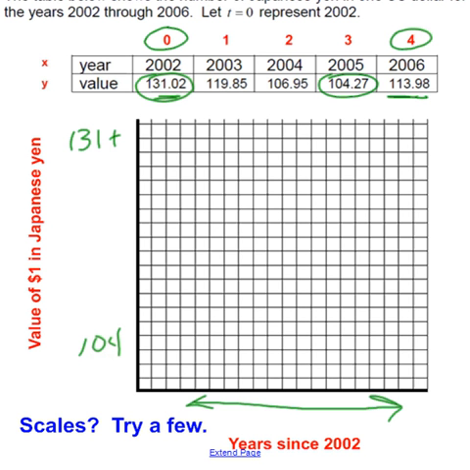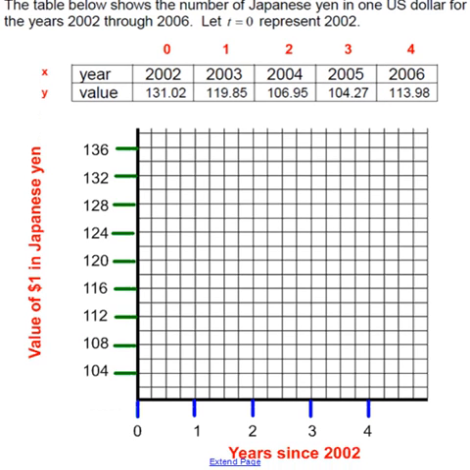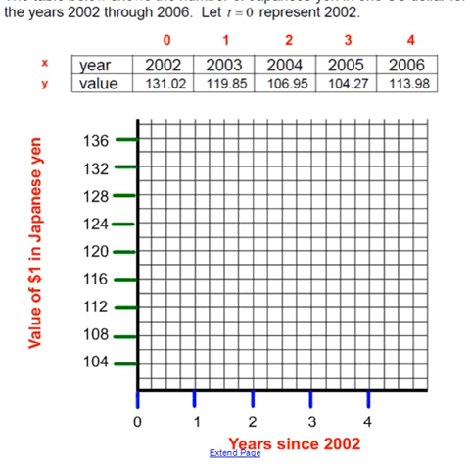So I have to play around with some different scales, given the number of squares I have, and see what'll fit those two scales. So here's what I came up with. So my 104 to 136 on the vertical axis, and 0 to 4 on the horizontal axis.